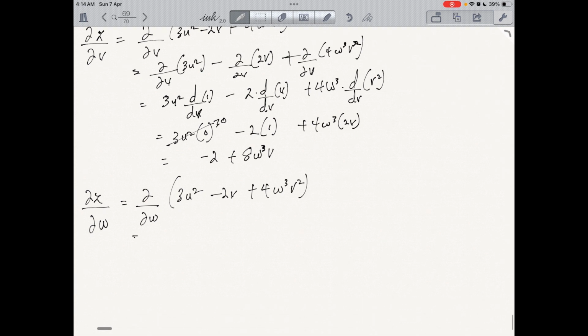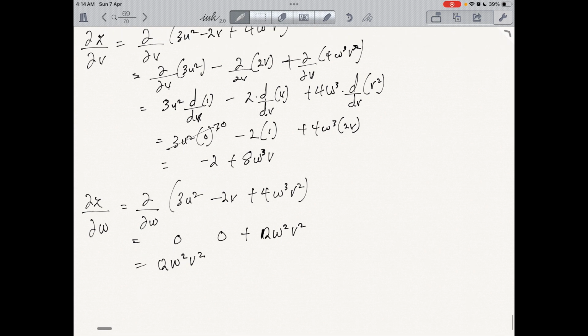And then when we differentiate partially with respect to w, we can realize that our terms will be left with 0, 0, and plus 12w squared v squared. And our answer will be 12w squared v squared, because u and v are kept constant.